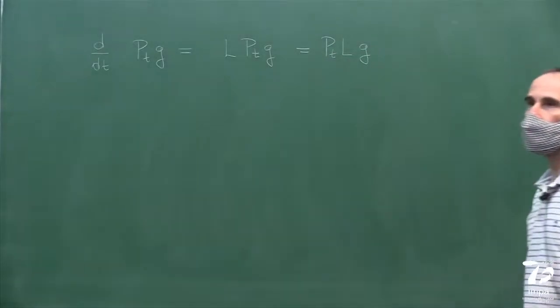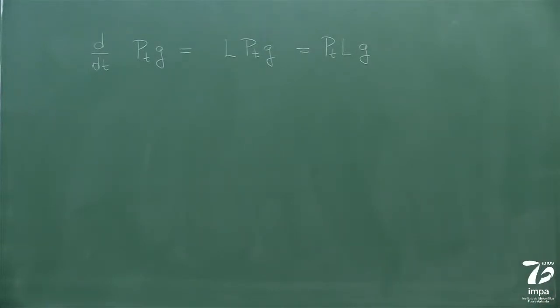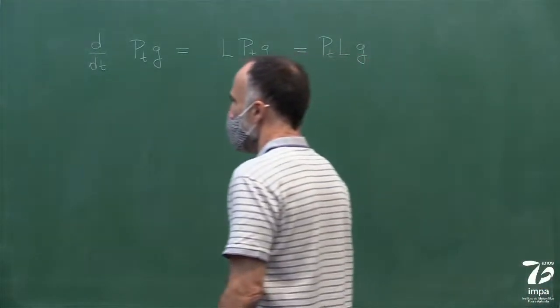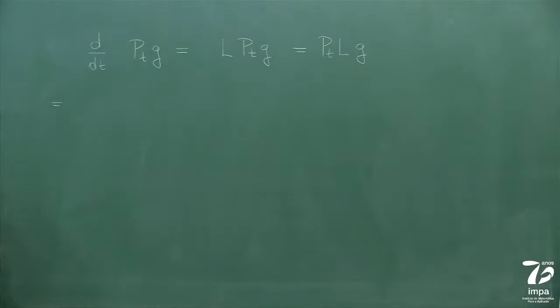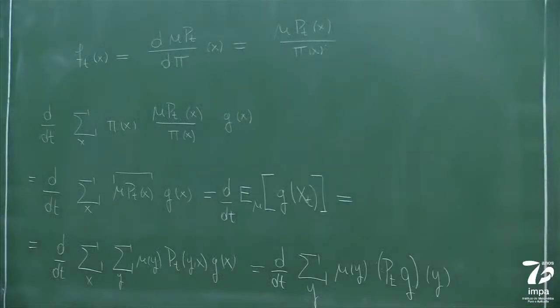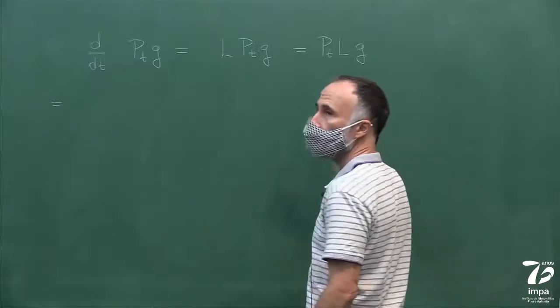This is what we proved, that the derivative of the semigroup is given by L. So now let's finally take the derivative and write it as PtLG.